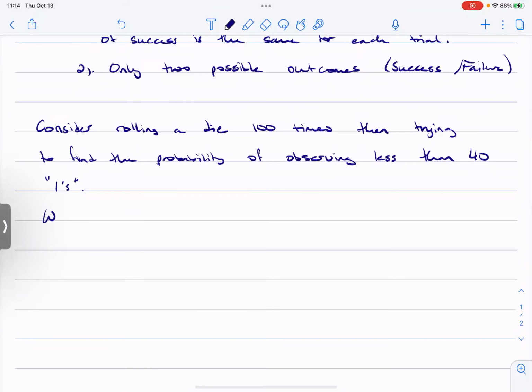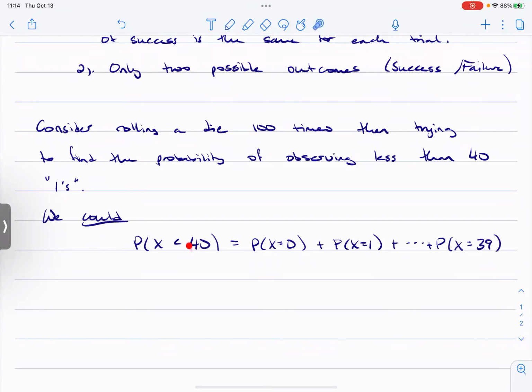We could say, using some proper notation, the probability that X is less than 40 is the probability that X equals 0 plus the probability that X equals 1 plus all the way up to the probability that X equals 39, because it's not including 40, right?